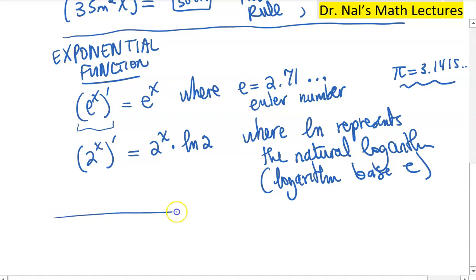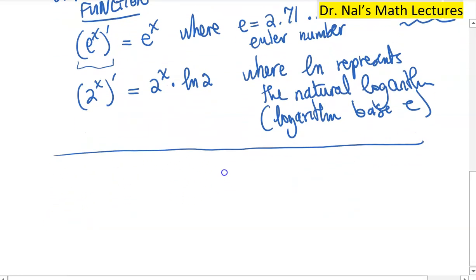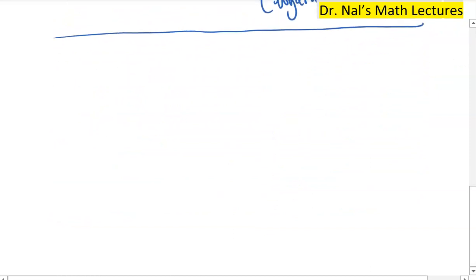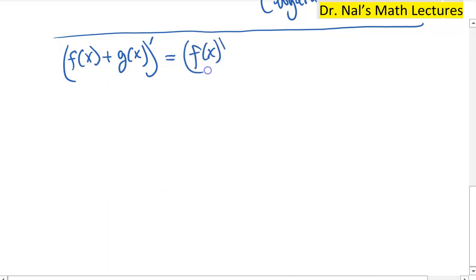Okay, with that said, let's quickly have a look at different rules of combining these. And we already discussed one of them. So whenever you have two functions, f of x plus, say, g of x, and you want to find the derivative of such an expression, it's very easy. All you do is you find the derivative of the first one plus the derivative of the second one. It can't be easier than that.